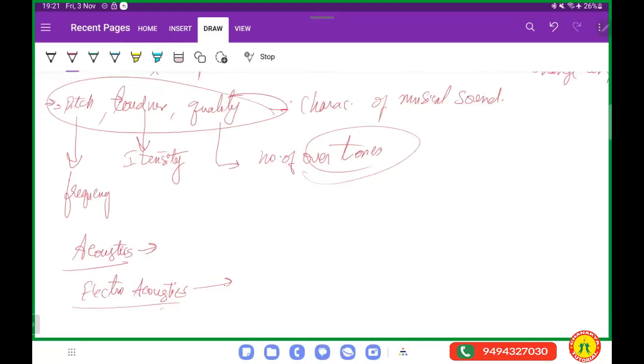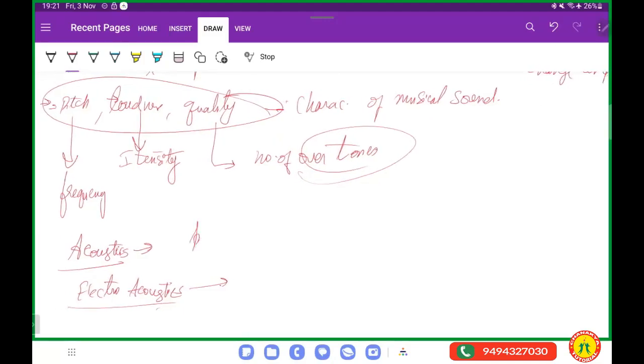So how shall we write here? Process of generation, or movement of sound, or let's say propagation. Electro is more electric, as if we are transmitting it through some kind of electric device.